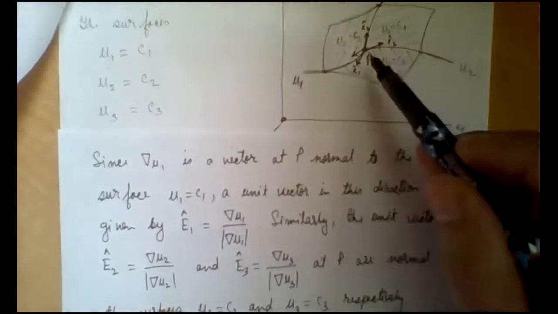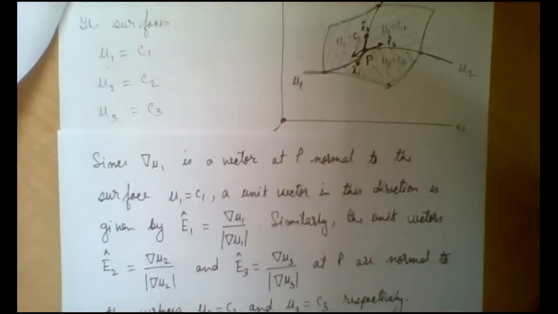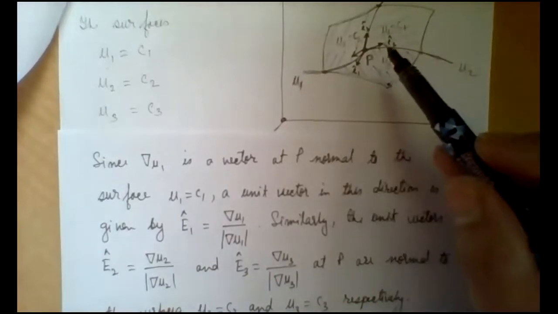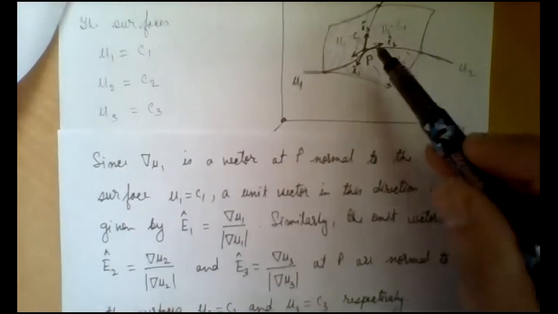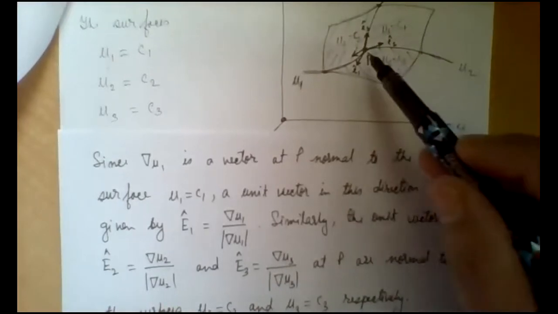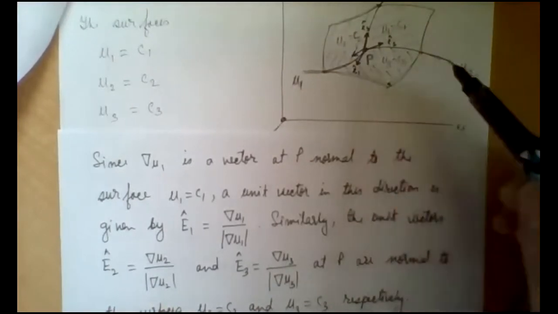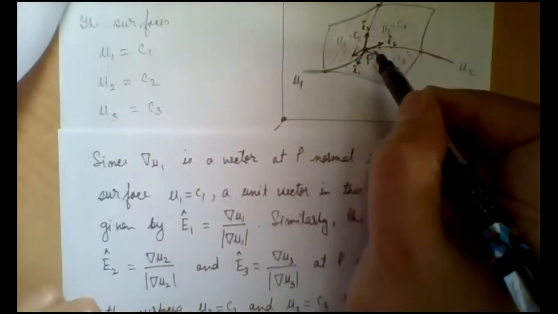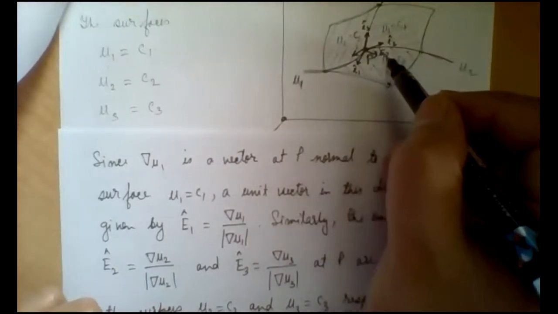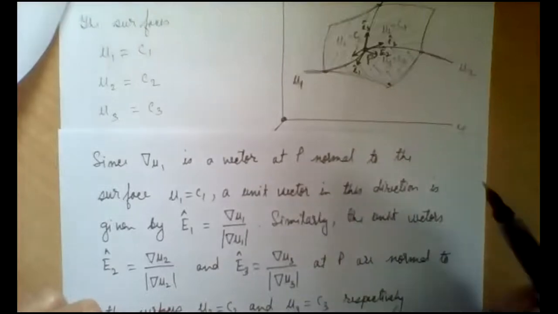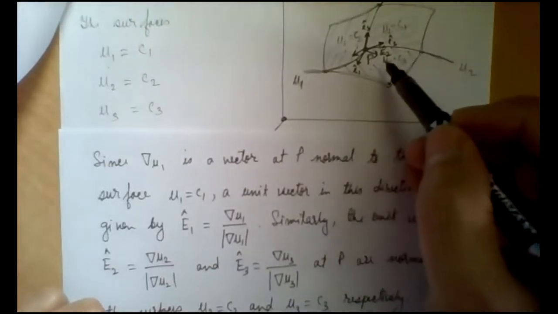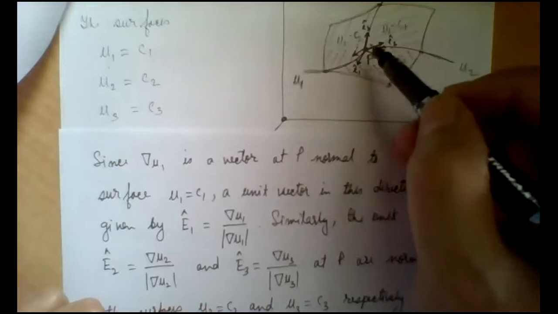Now, at the same point P, we construct another set of unit vectors by drawing normals to the 3 surfaces. The U1 equal to constant surface has a normal at the point P. For the U2 equal to constant surface, we draw another normal here. This is E2, capital E2. For the U3 equal to C3 surface, another normal.